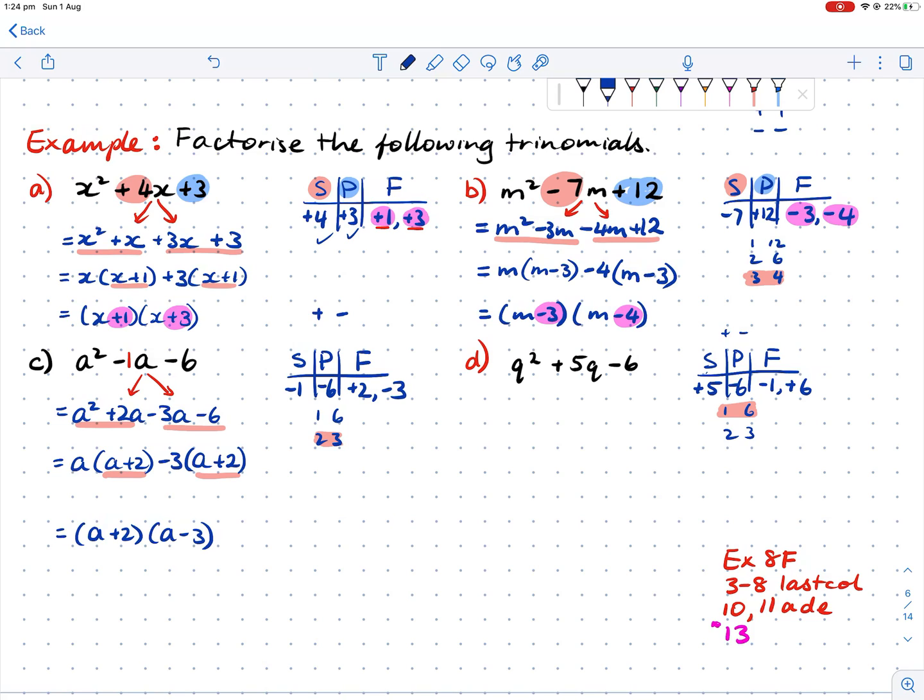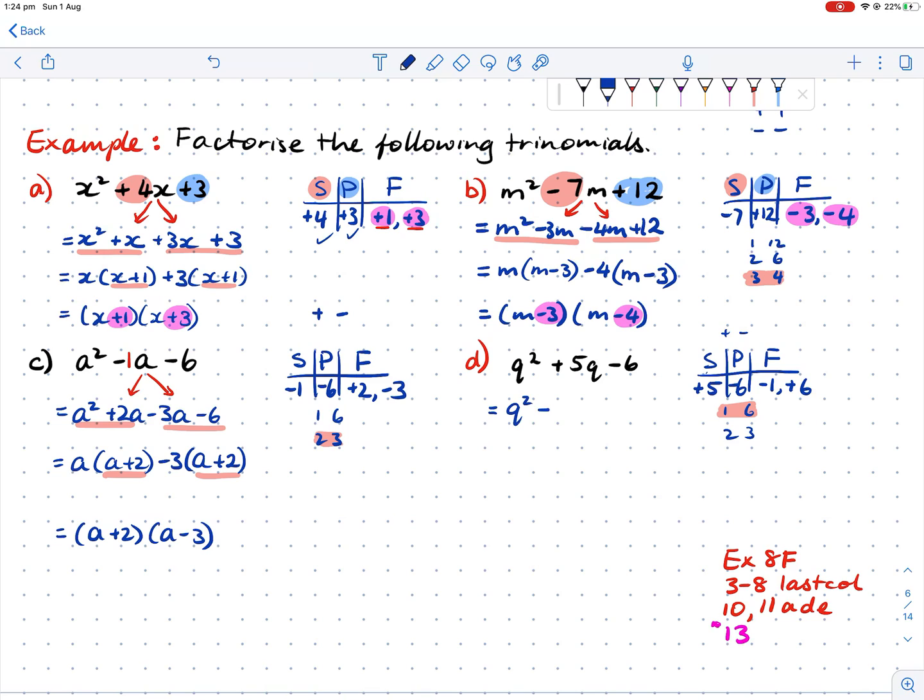This is one combination that does get a little bit tricky because there's two different ways. You can use 1, 6 and 2, 3 to get a 5, but you need to pick the correct version in order to have the signs the right way around, like positives and negatives. So we're using negative 1 and positive 6.